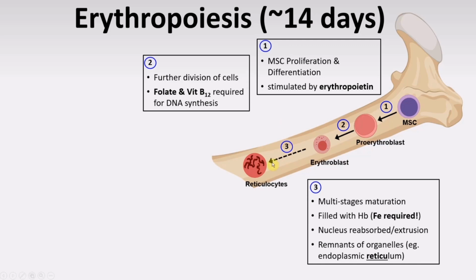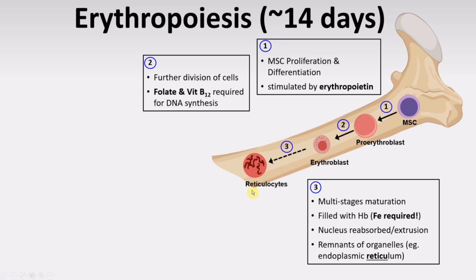What results from this process are reticulocytes that have remnants of organelles, for example, endoplasmic reticulum, which also explains why your premature RBC is called a reticulocyte. When you look under the microscope, you actually see remnants of the reticulum. These black lines here are the remnants of your endoplasmic reticulum, which gives rise to the name reticulocytes. So reticulocytes are important.